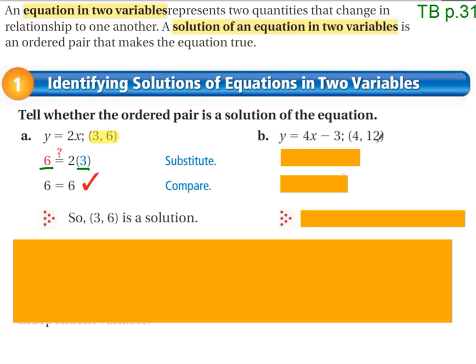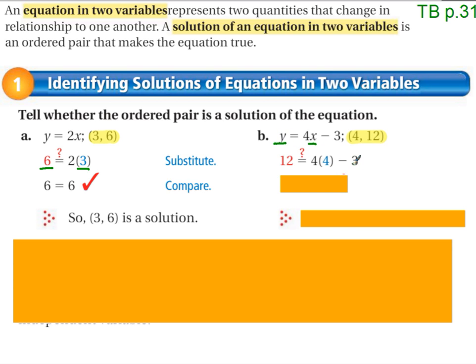Let's take a look at example B. This time, my ordered pair is 4, 12. And my equation is listed right in front of it. Y equals 4x minus 3. So we're going to take the ordered pair of 4, 12, substitute 4 for the x right here, and substitute 12 for the y.